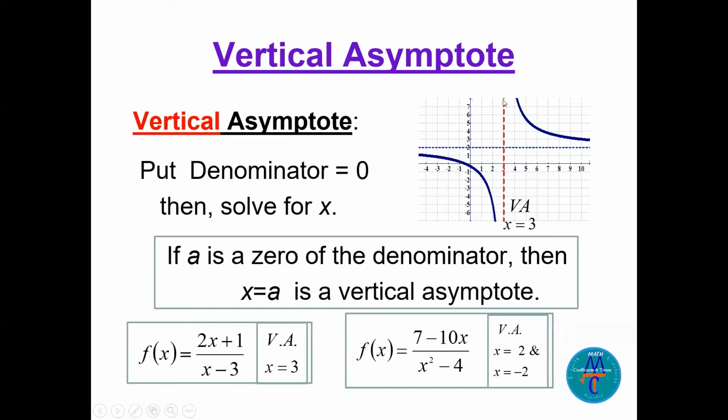So we say there is a vertical asymptote at 3. See, there is no graph because 3 is not in the domain of the function. If you look at another one here, 7 minus 10x divided by x squared minus 4, what will make the denominator 0? Two numbers are there, x equals 2 and x equals minus 2. Two vertical asymptotes for this one here.